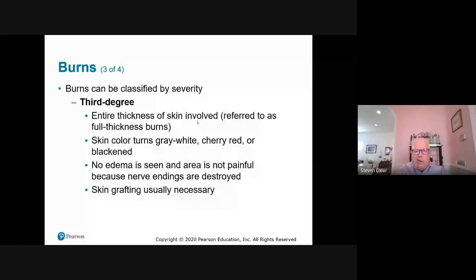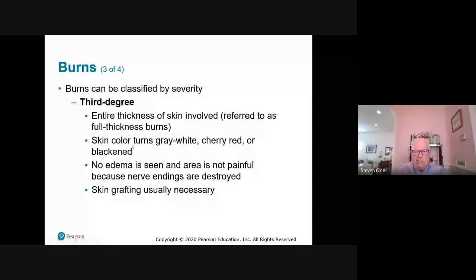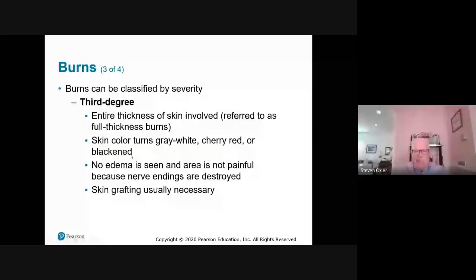The skin can either be white, cherry red, or black. The nerves are burned. The vasculature is burned. There is no swelling. There is no pain. And skin grafting is necessary because there will be a scar with a third-degree burn.